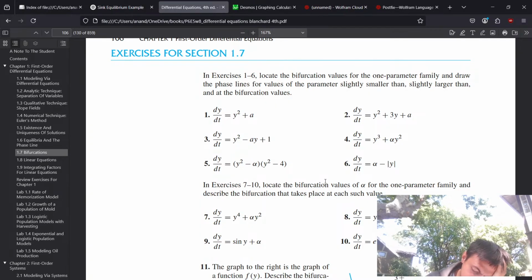So the set of solutions is going to be plus or minus the square root of a and plus or minus square root of 4. So plus or minus square root of a, 2 and minus 2.